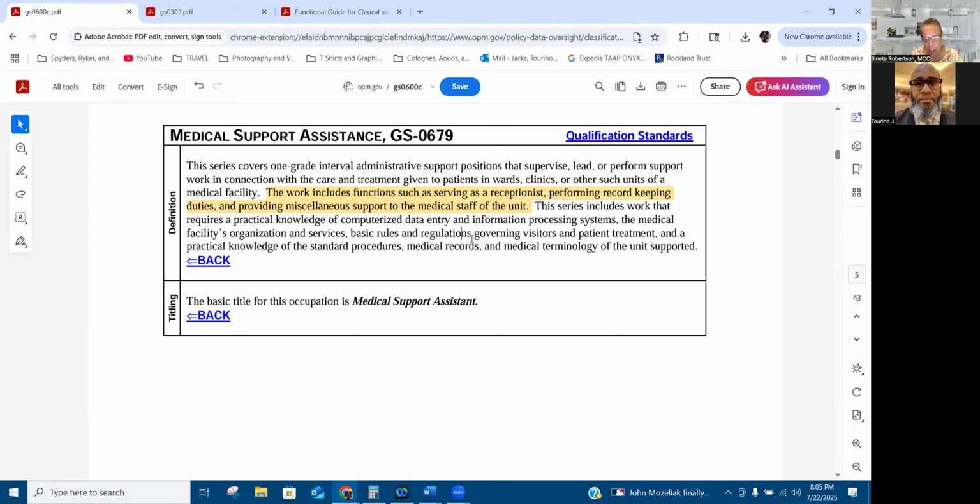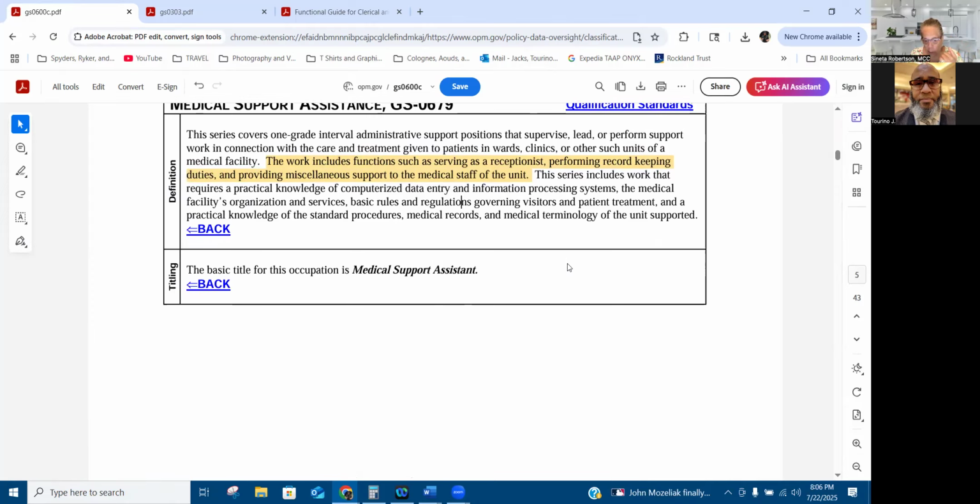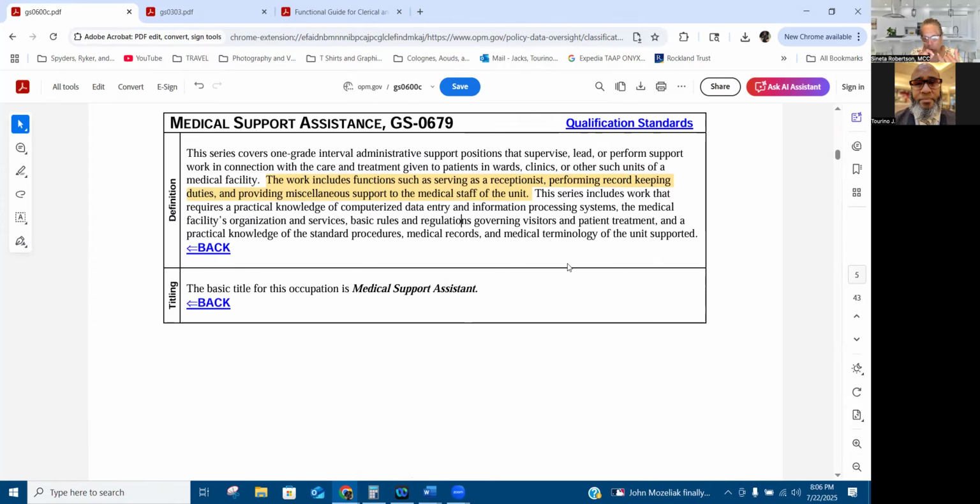Now, this standard, even though it's a one grade interval, is written in a 9-factor format. And so then you will go ahead and evaluate each factor level if this is the appropriate series. But you always want to make sure that you first look at the PD that they send you, determine the primary purpose of the work, whether it's one grade interval or two grade interval, and then try to narrow it down to the appropriate series standard.